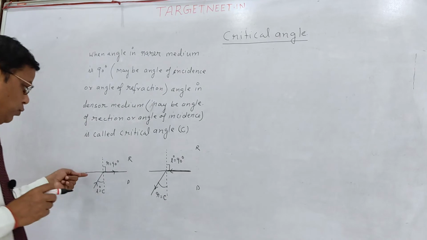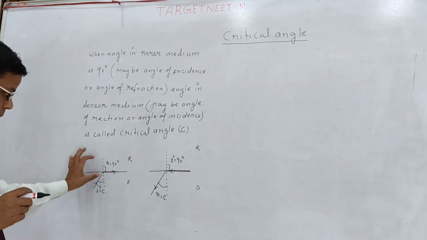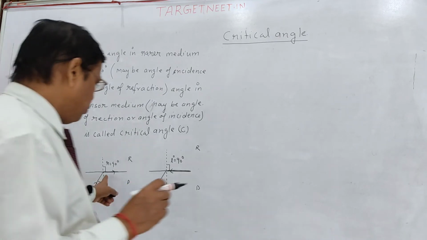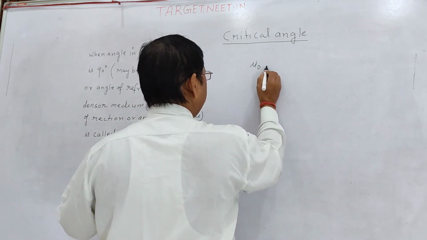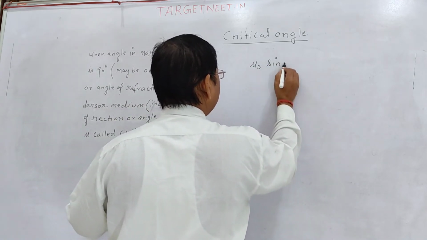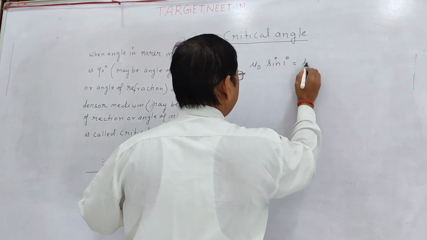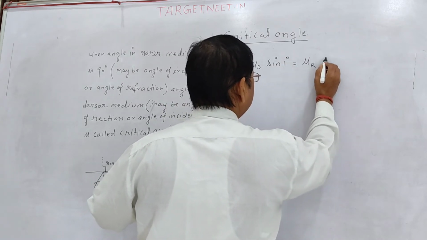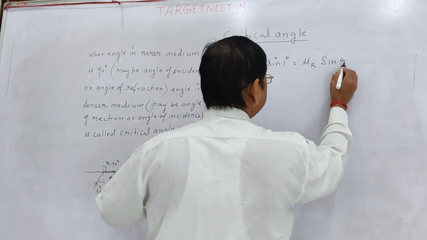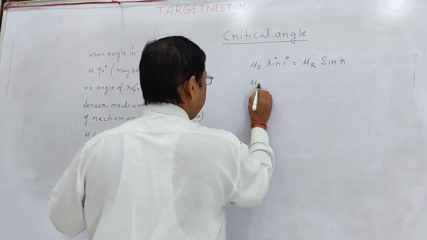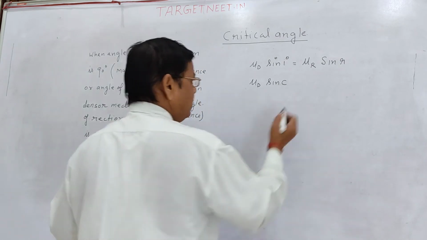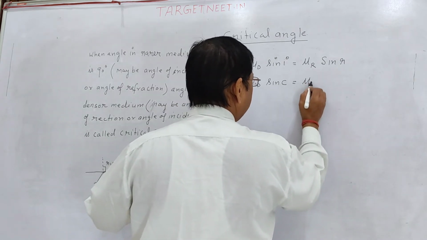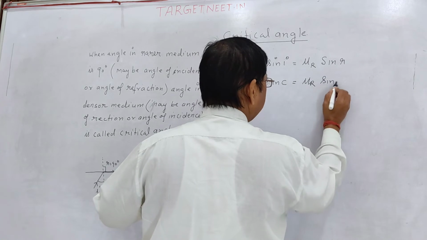If I use this figure and apply Snell's law here, what do we have to write? mu_d into sine i is equal to mu_r into sine r. So mu_d into sine i is equal to sine C, so sine C, mu_r into sine 90 degree.